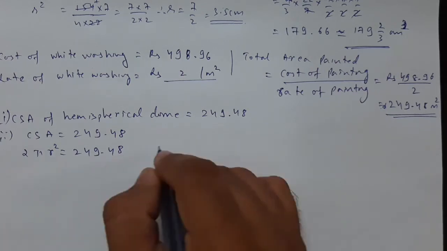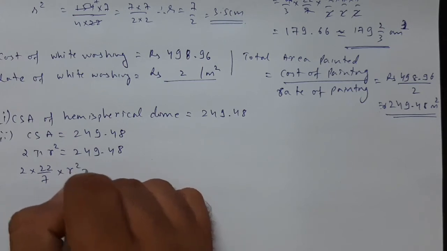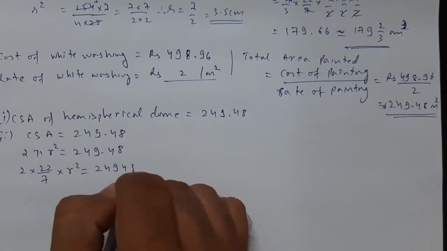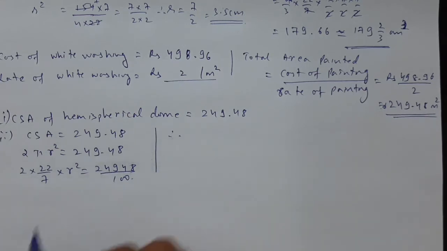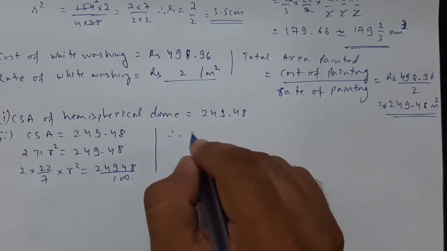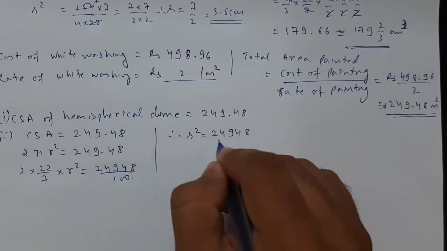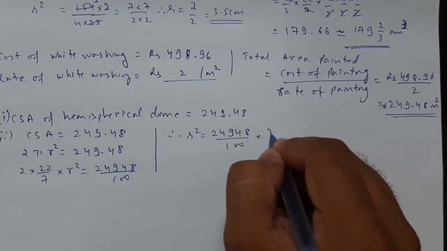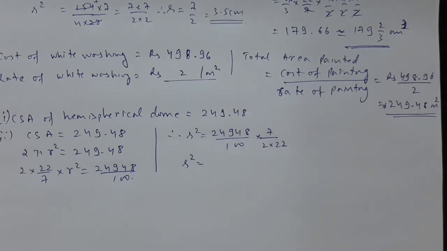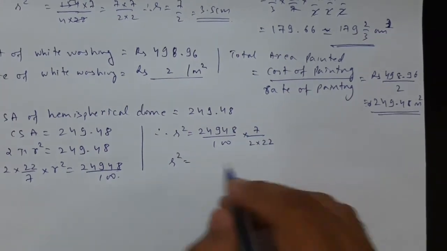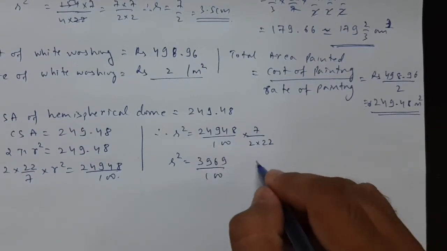So 2 into 22 by 7 into r square is equal to 24948 divided by 100. So therefore r square is equal to 24948 by 100 into 7 by 2 into 22. So r square is equal to 3969 divided by 100.